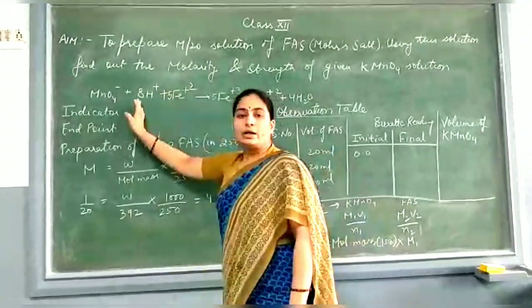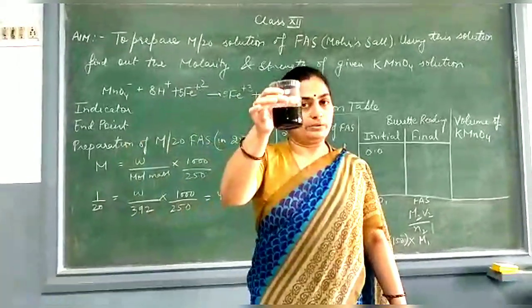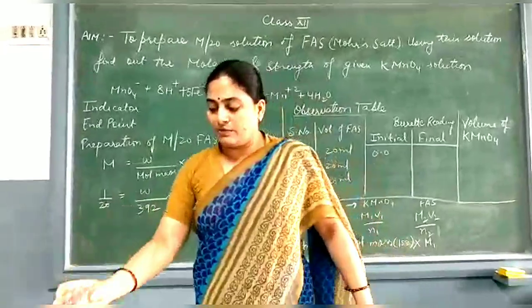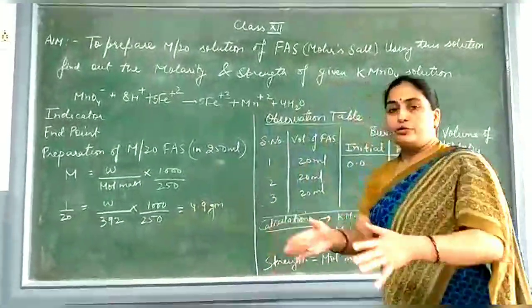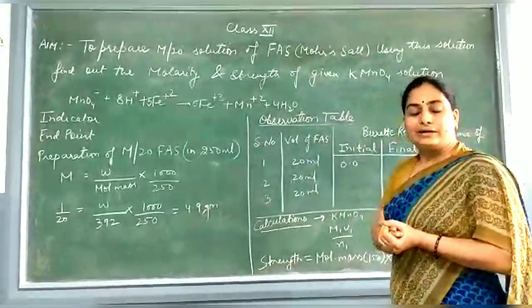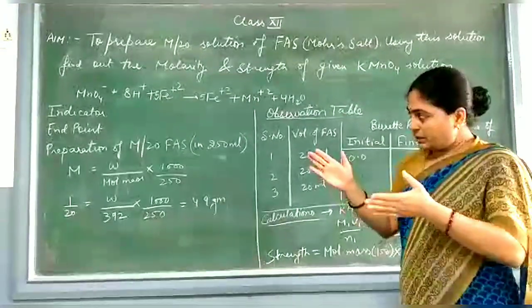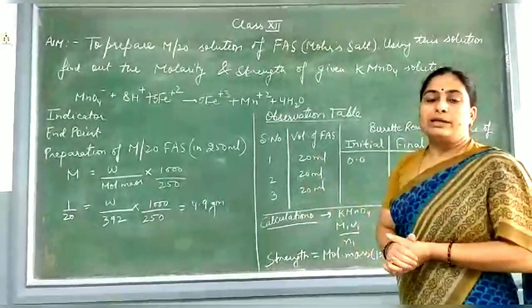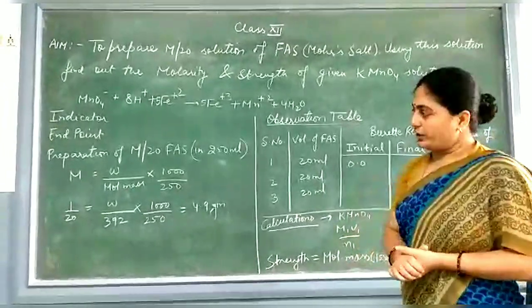No indicator is required as the KMnO4 solution is purple colored, and thus we can easily observe the change in color. So KMnO4 is a self indicator. We don't require any indicator to be added from outside. The end point will be the retainment of a permanent lightest pink color. Once it gets retained, that is the end point.